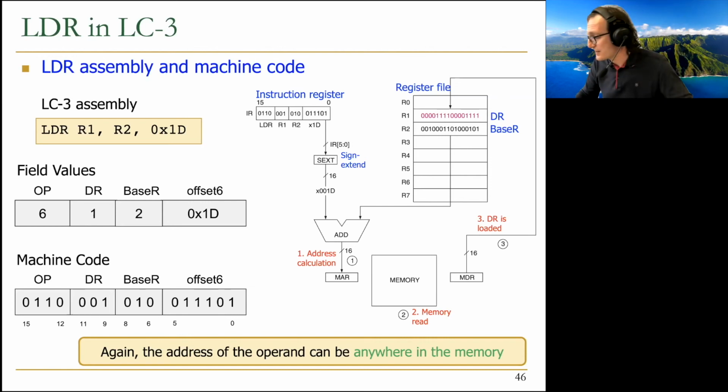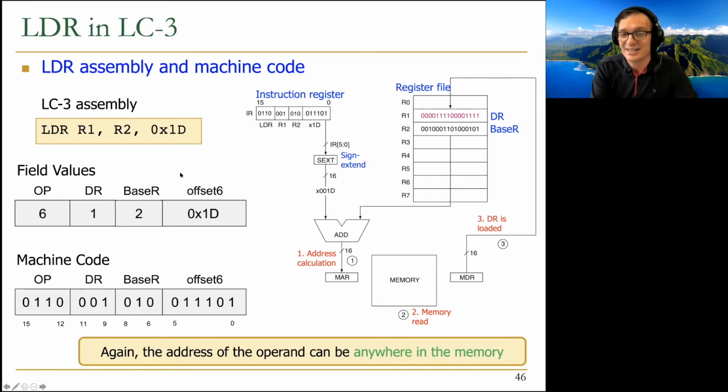So there's a question. So we use LDI to load registers that are further away from our source register than plus minus 256. So not source register, further away from the program counter, further away from the instruction. Yes, you could use LDI, or you could use what I just showed you over here, which is the base register plus offset, right? Very good question.